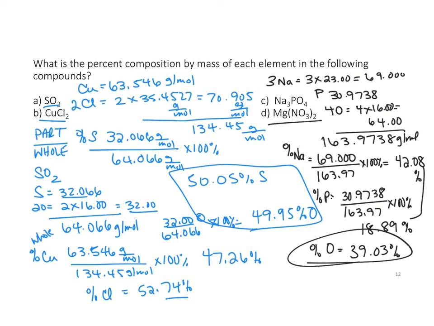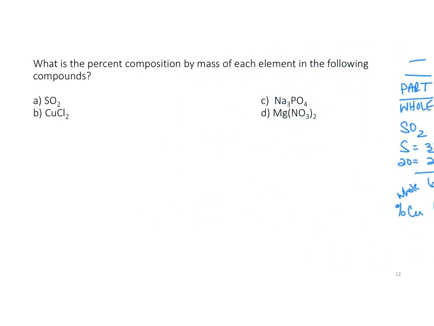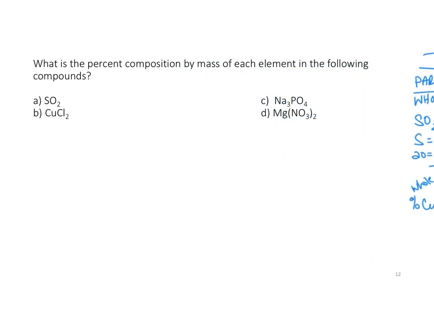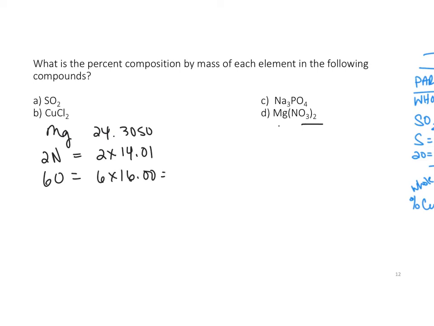Then we have magnesium nitrate. This is our last one. All right, so magnesium is 24.3050. Nitrate, we have 2 nitrogens, 2 times 14.01, and we have 2 times 3 is 6 oxygens, 6 times 16.